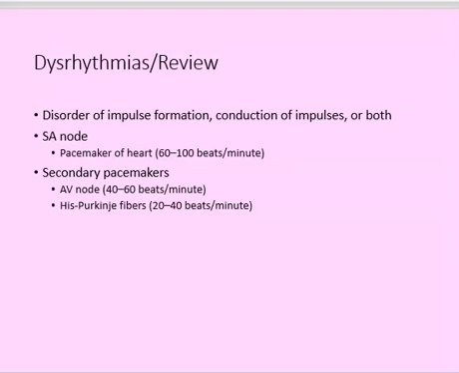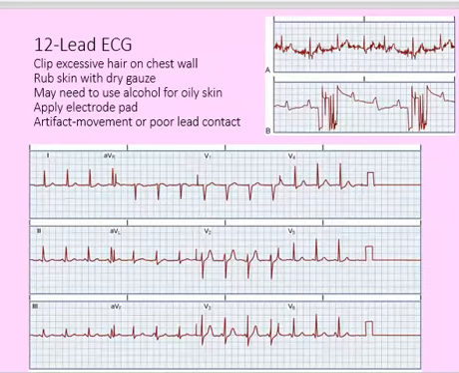So going on to the next one, we're going to start looking at what does a 12-lead EKG show us. In critical care, we talk about the rhythm showing going across the monitor, but that only gives us one or two views of the heart. The 12-lead EKG looks at the whole heart, the front, the back, the sides, everything.